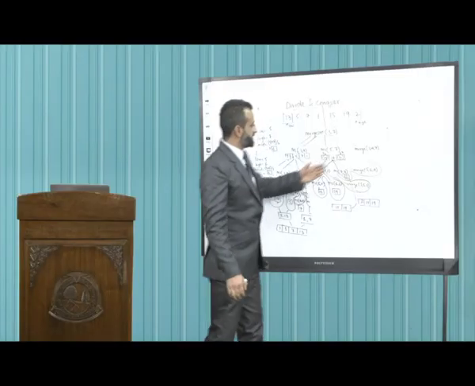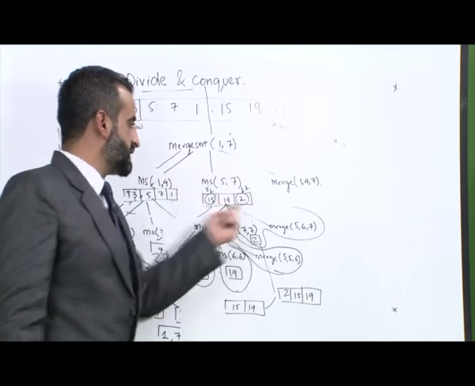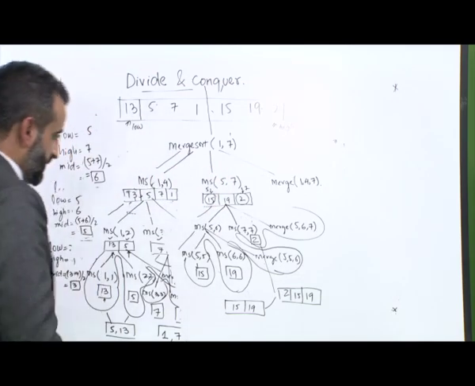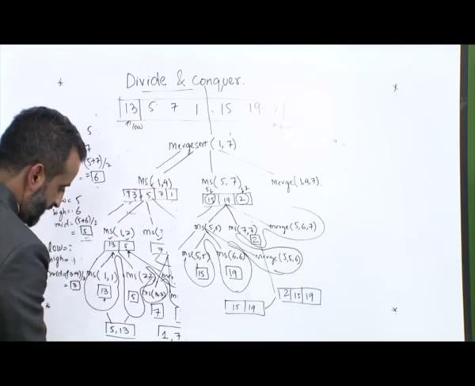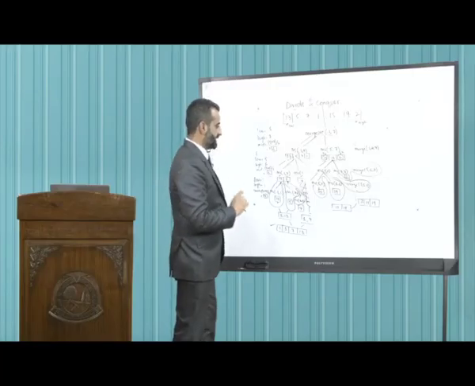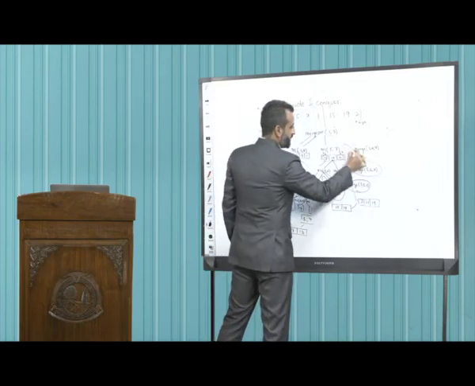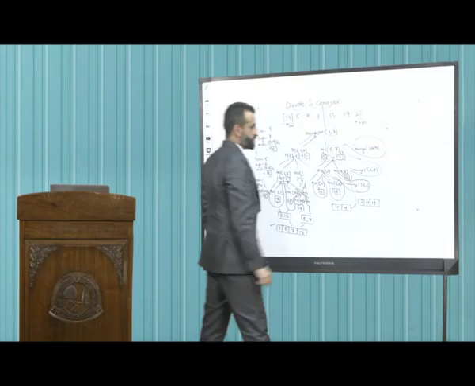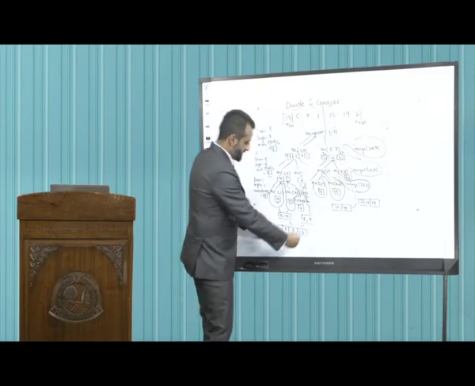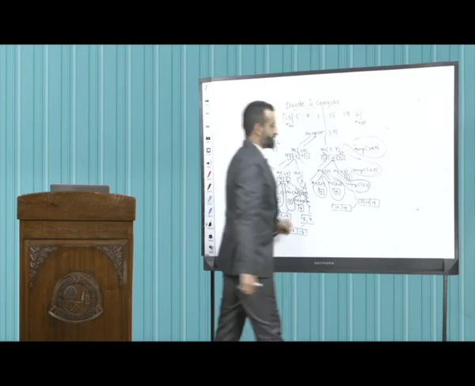Now we are done with these recursive calls. We have completed our left half, we have completed our right half. On the left side, this is the sorted left sublist, and this is the sorted right sublist. Using this merge function now, I will try to merge this sublist with this sublist in a sorted fashion.